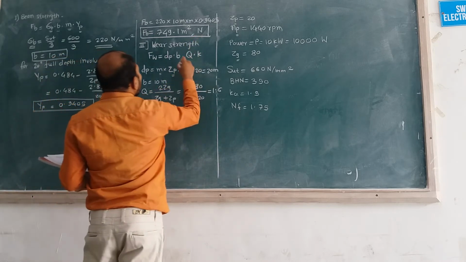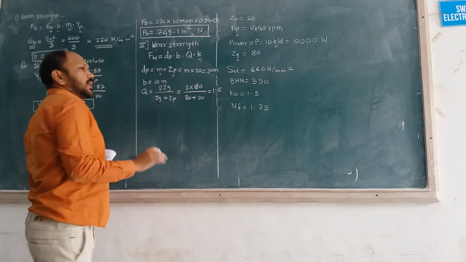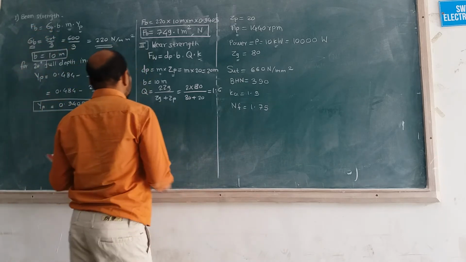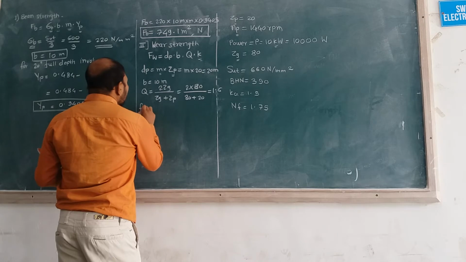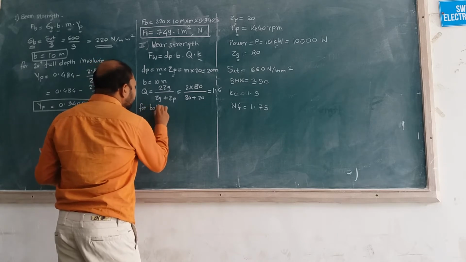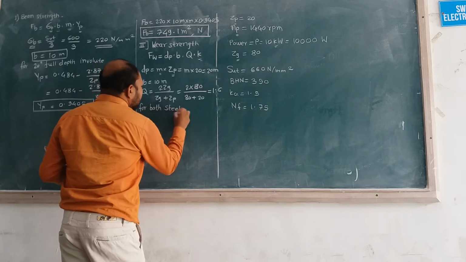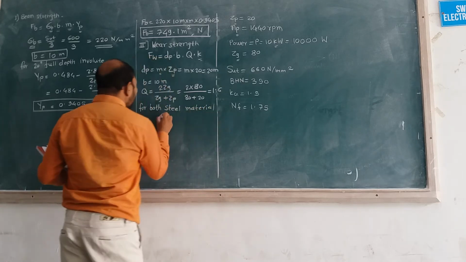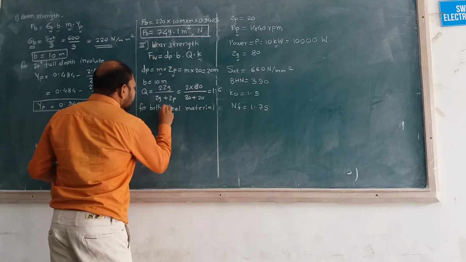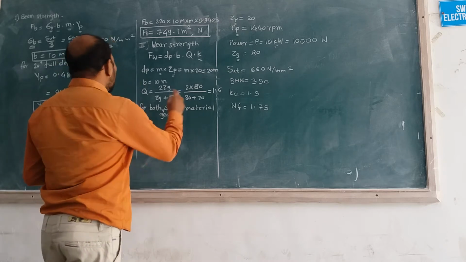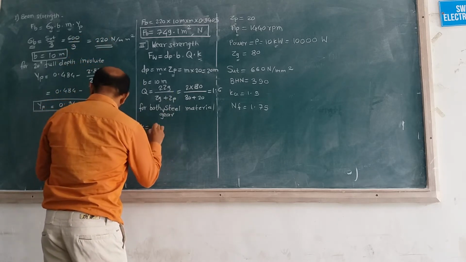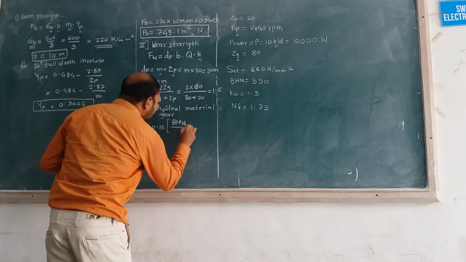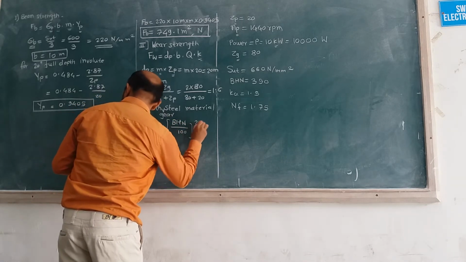Now this K value depends on material. If both gears are of steel material, then the K formula becomes K is equal to 0.16 into BHN upon 100 bracket square.